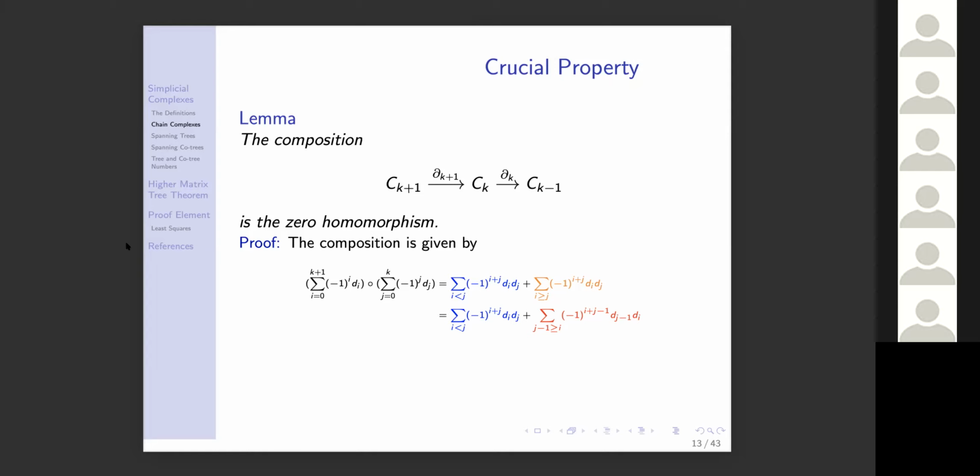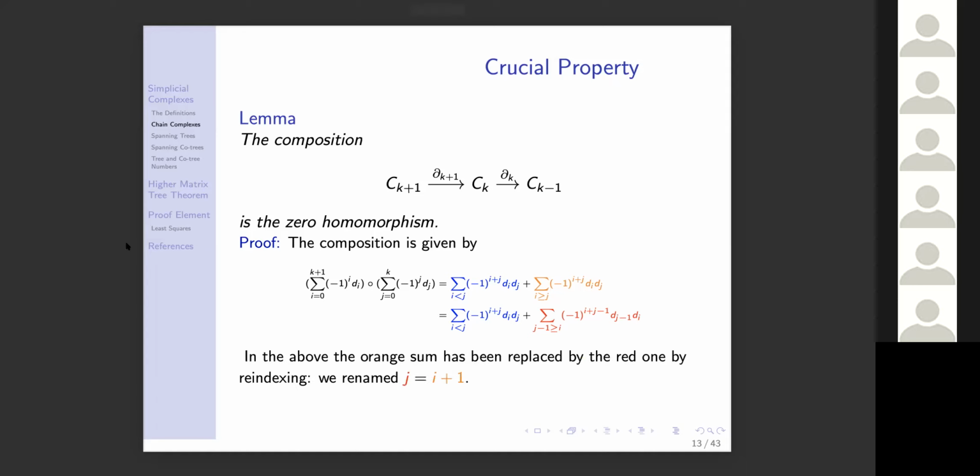I re-index. And how do I do the re-indexing? In the above, the orange sum has been replaced by the red one by re-indexing. I just renamed j as i plus 1. I just renamed it. So I substitute the change in, and I get the red expression in place of the orange expression.